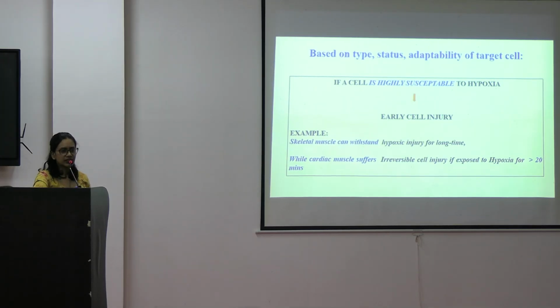We all know that athletes go for running and a lot of hiking, or whenever we go for any activity in challenged situations, there is hypoxia to the skeletal muscles, but it's not like the muscles die right away, right? There is deposition of lactic acid, not anything beyond that. But if the same thing happens with our cardiac muscle, and if there is hypoxia persisting beyond 20 minutes, then the cardiac muscles undergo irreversible cell injury. Okay?